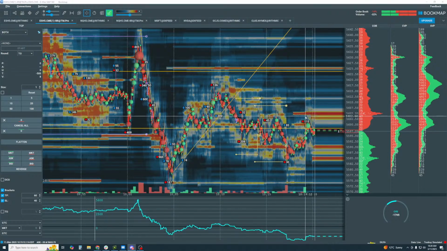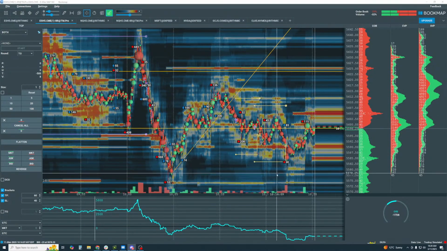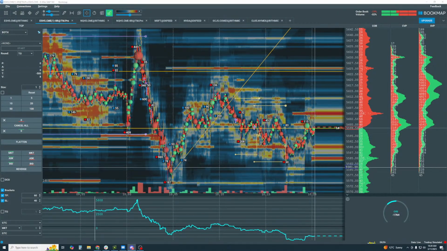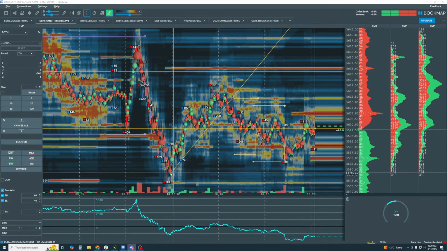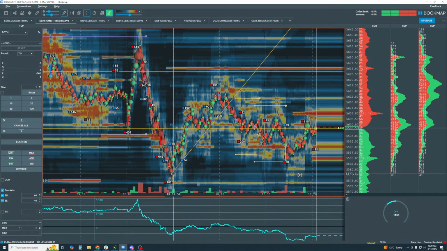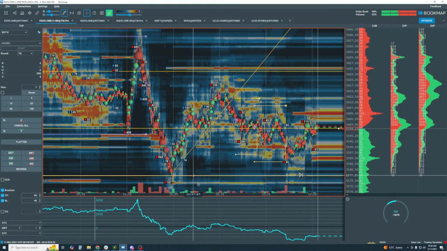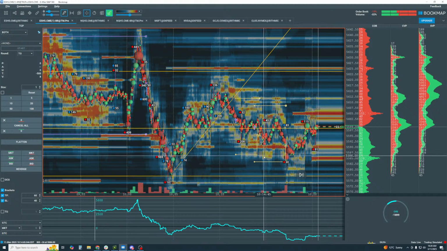What other levels here are we interested in? Let's start to mark those up. We just talked about this 55.77 swing down here on the 15-minute chart, so we can mark that up. Actually, it is a little bit lower here. Hold on, like that.